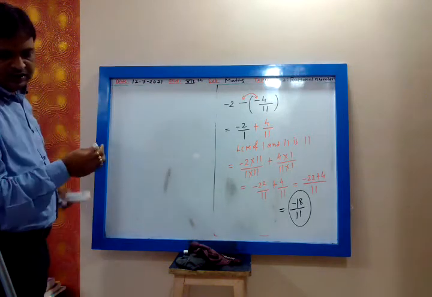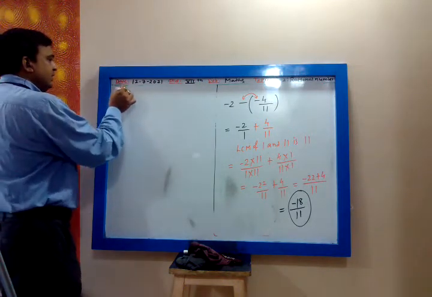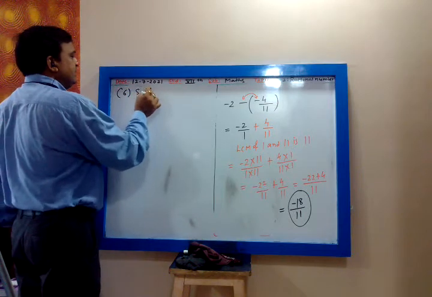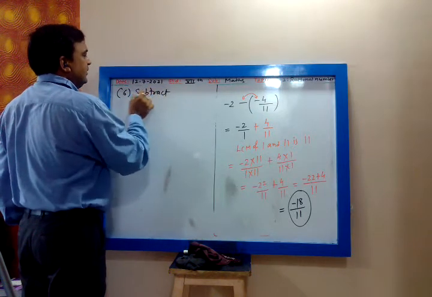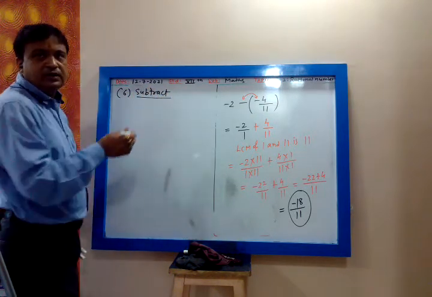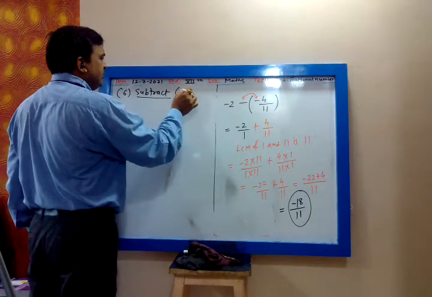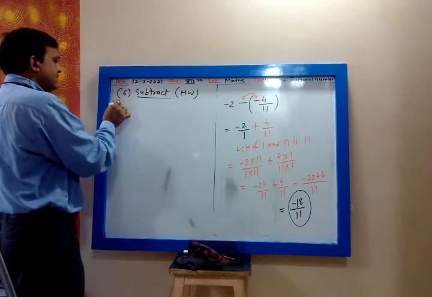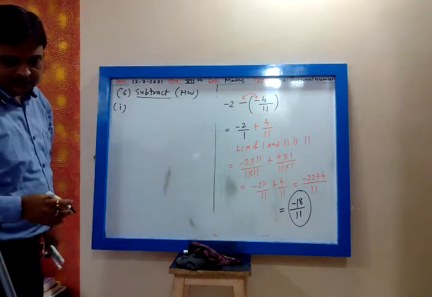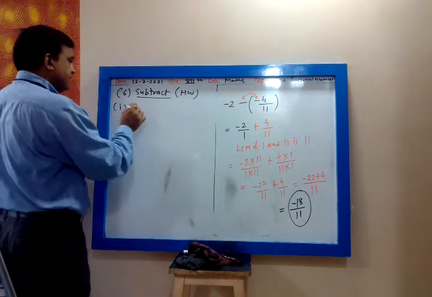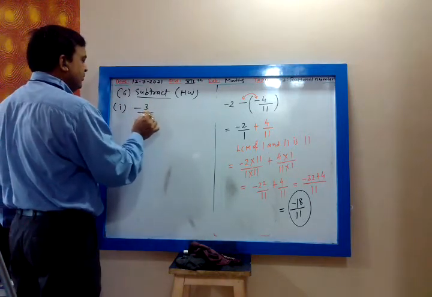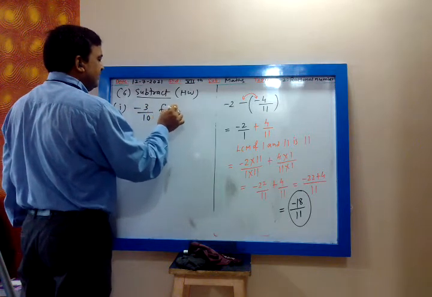Now sixth question is same as fifth one. So this 6 will be homework. Okay, so let me write all the problems. Subtract minus 3 upon 10 from 1 upon 5.